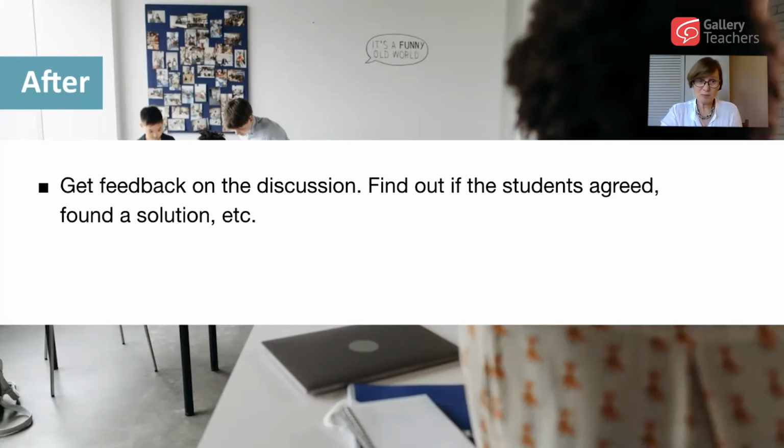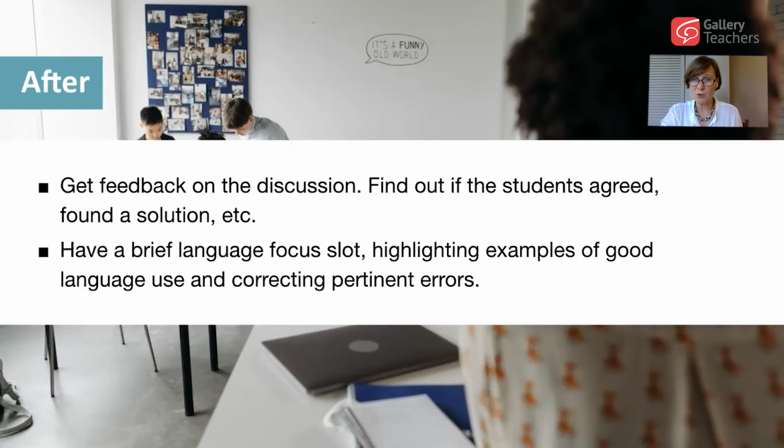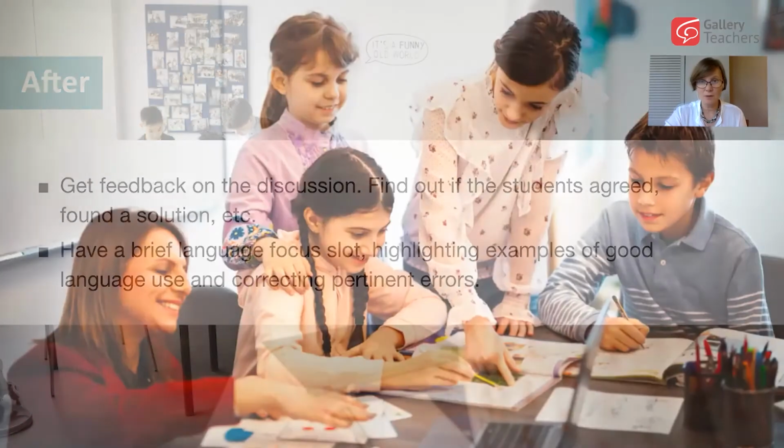So there should be feedback on the discussion itself, and there should be some feedback on language. So maybe if you put some errors on the board, you ask the students to correct them. You can highlight examples of good language and clarify some points that came up during the activity. This is the reason why we monitor during the activity.